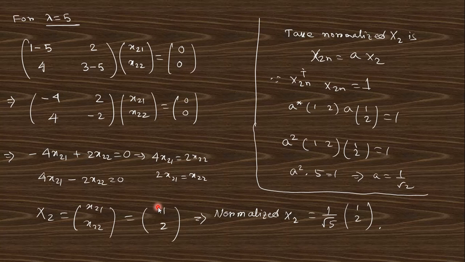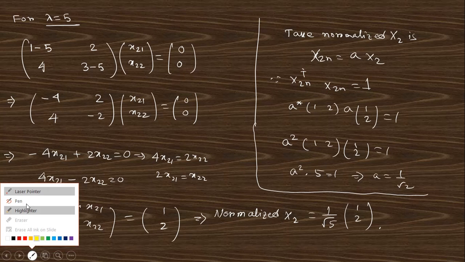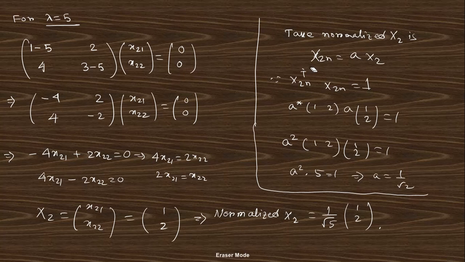Then its dagger, the transpose of this matrix, multiplied with it gives 1. The dagger will be A star times 1 2, and this is 1 2. If you multiply, this gives A squared, and this multiplication gives 5, so you get 1 by root 5. This is not 1 by root 2, that was a mistake. This will be 1 by root 5. Just putting the value, we get the normalized value.